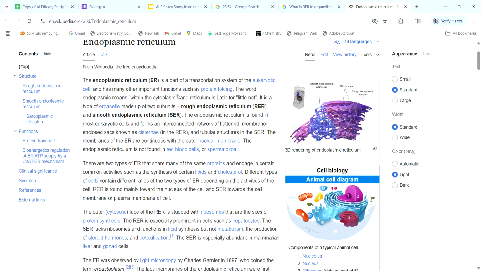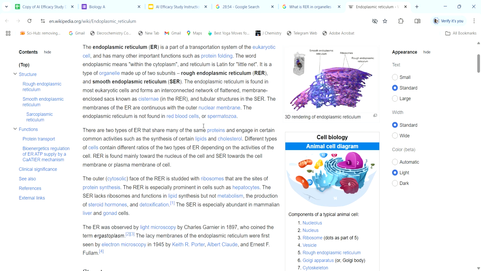The word endoplasmic means within the cytoplasm, so it remains in cytoplasm, and reticulum is Latin for little net. So it is a type of organelle made of two subunits, rough endoplasmic reticulum and smooth endoplasmic reticulum. The endoplasmic reticulum is found in most eukaryotic cells and forms an interconnected network of flattened membrane-enclosed sacs known as cisternae, that is in RER, and tubular structures in SER, smooth endoplasmic reticulum.